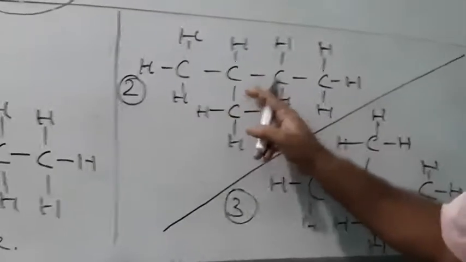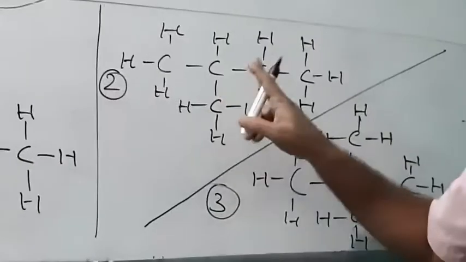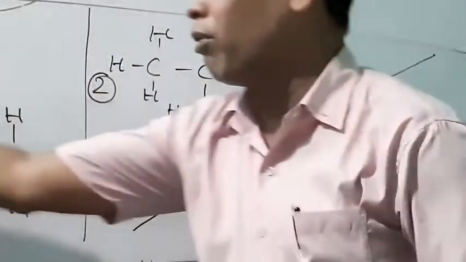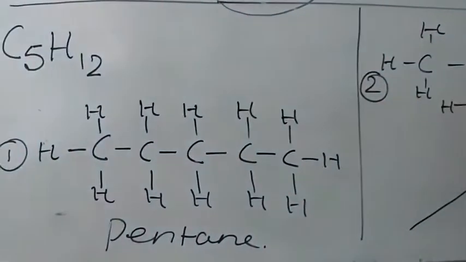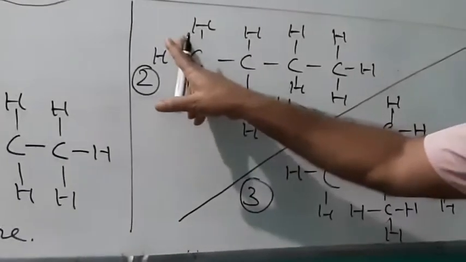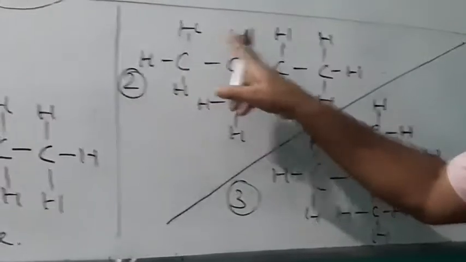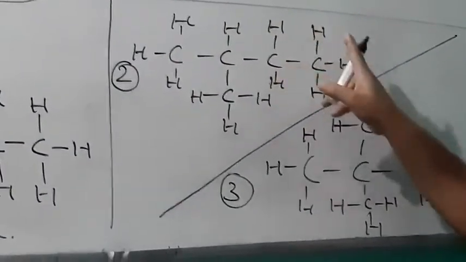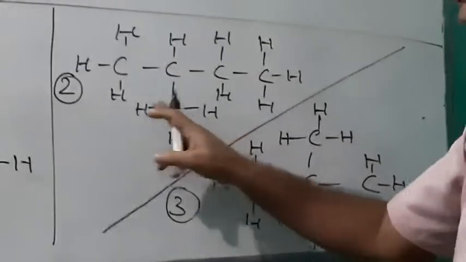So it means this second structure also supports C5H12: 5 carbons and 12 hydrogens.